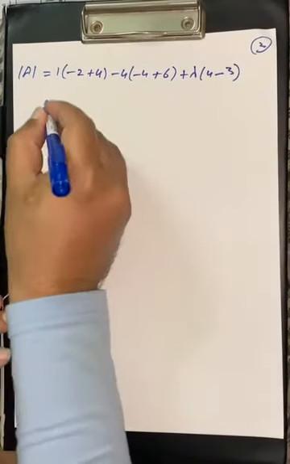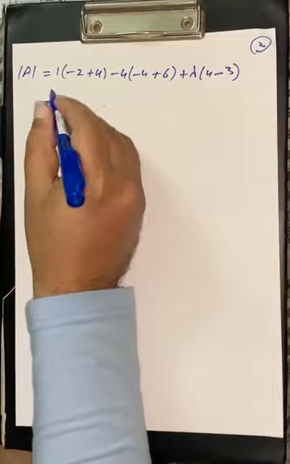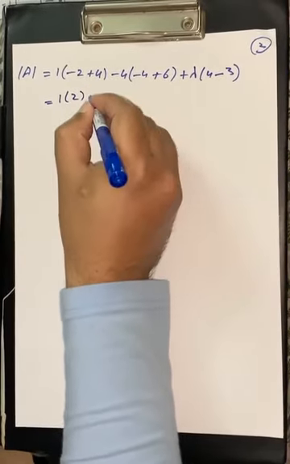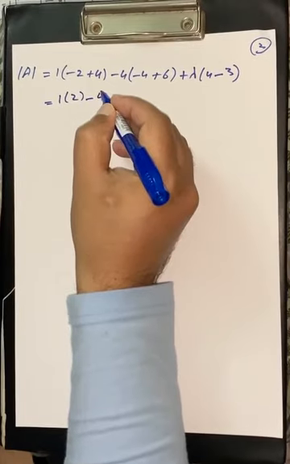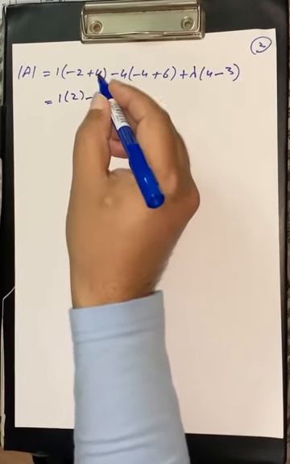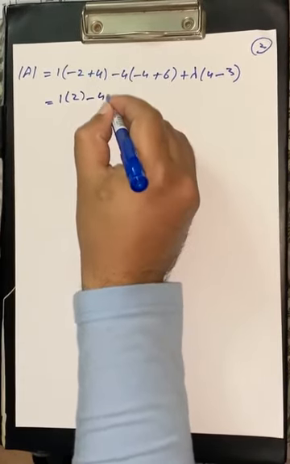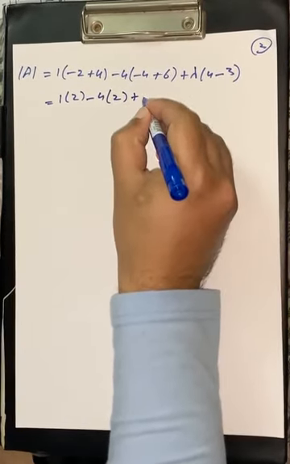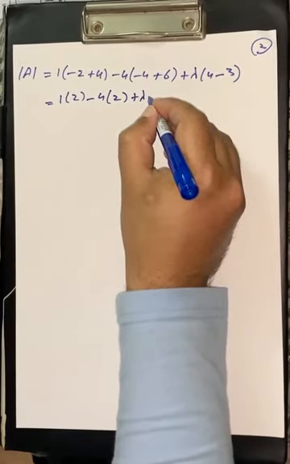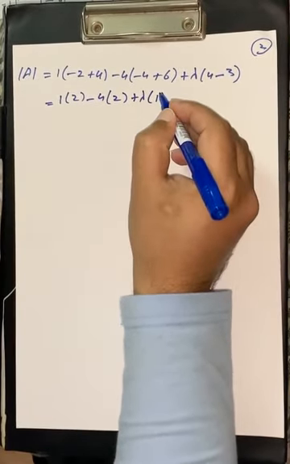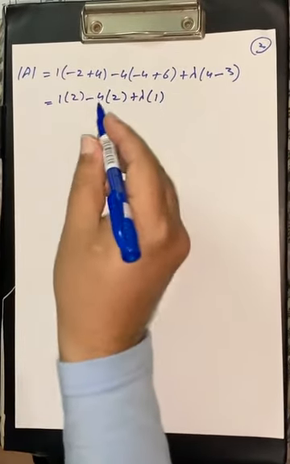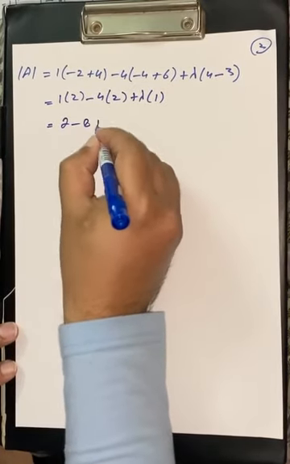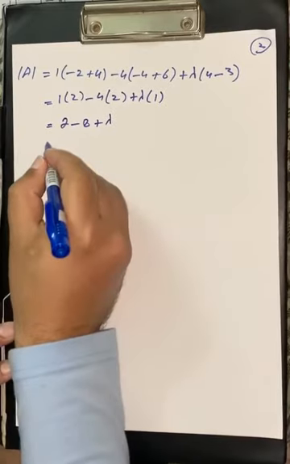After that, what is left behind here? 1. 2 left behind. Minus 4, 2 left behind, plus lambda into 1. So 2, 4 2s are 8, plus lambda.